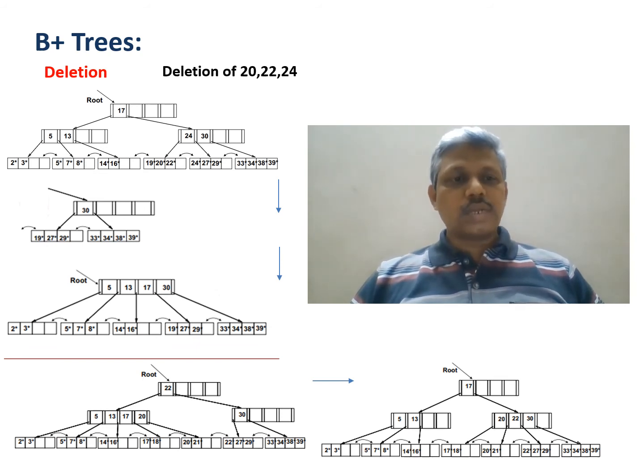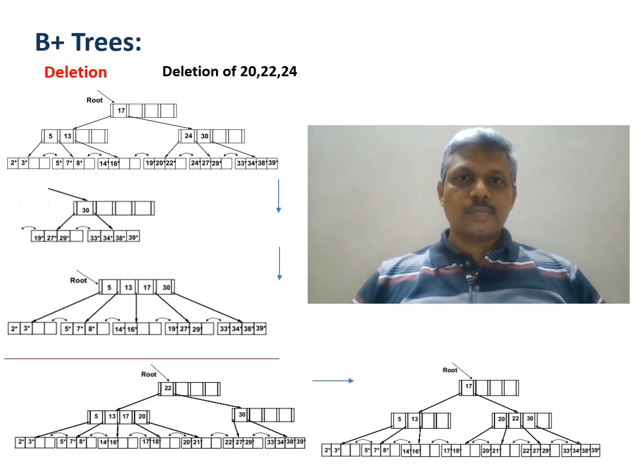All three nodes have now become a single node, 5, 13, 17, 30, and we can readjust the node values. 24 is also deleted. So this is how we can merge the nodes. Because of the removal of 24, the level has decreased. So the height of the tree has decreased from 2 to 1. This is one way of merging the nodes.